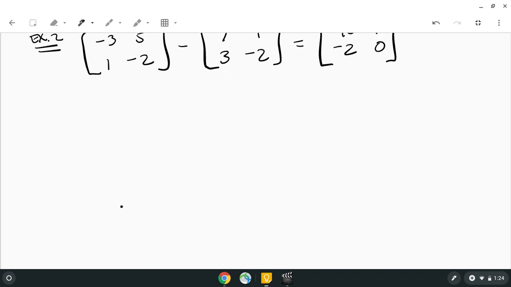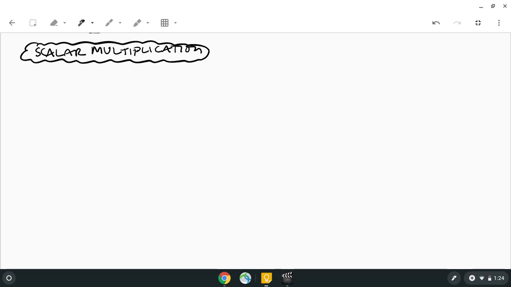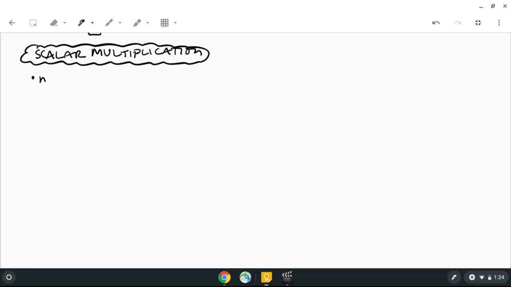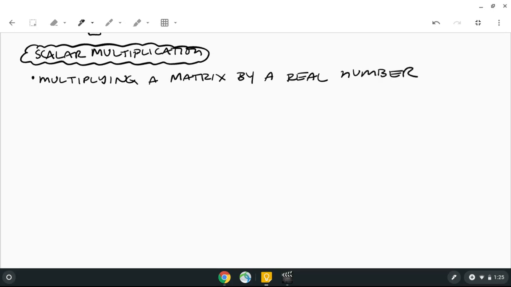So let's take a look. Scalar multiplication, multiplying by just a real number. This one will be intuitive. What this means is just multiplying a matrix by a real number as opposed to another matrix.